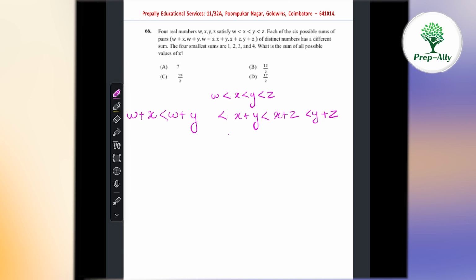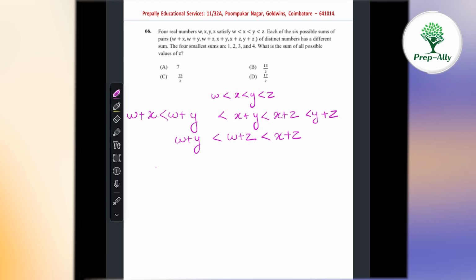So the only sum of pairs that is left is W plus Z, and we'll see that W plus Z is greater than W plus Y and is less than X plus Z, right?